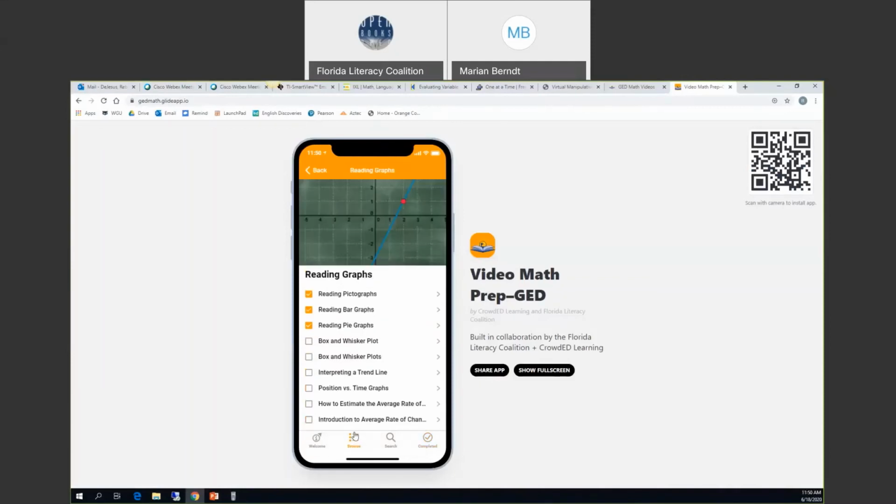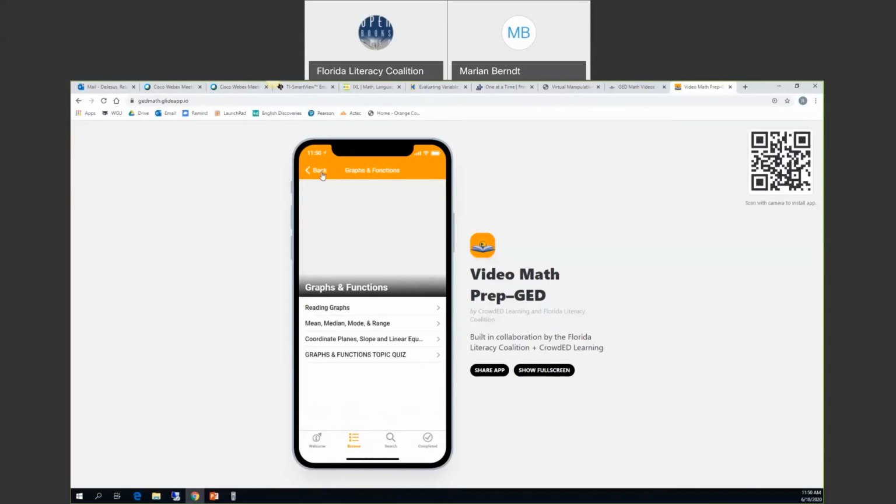And in this same app, at the bottom of each of the subsections, you're going to see the same quizzes. Those quizzes will open on their phones, and they can do everything from their phones. So we've got that option also.